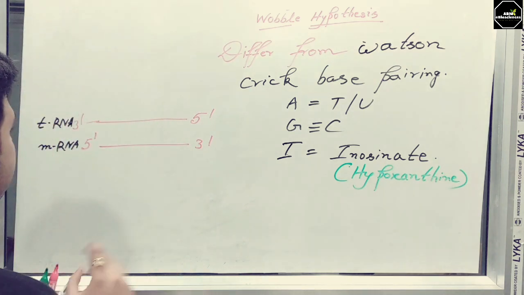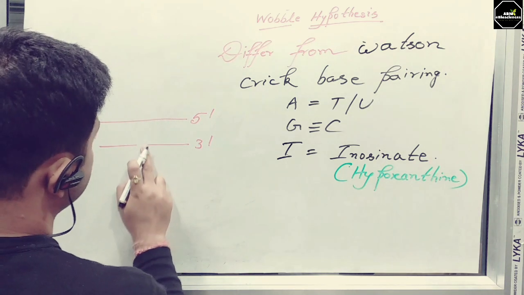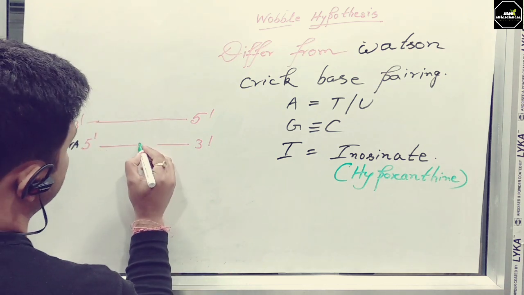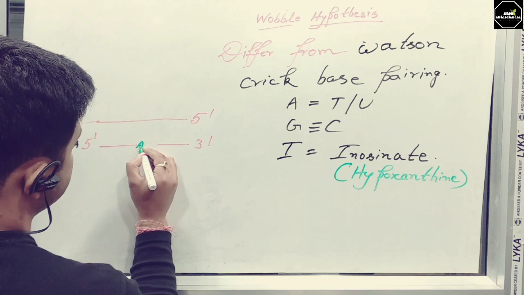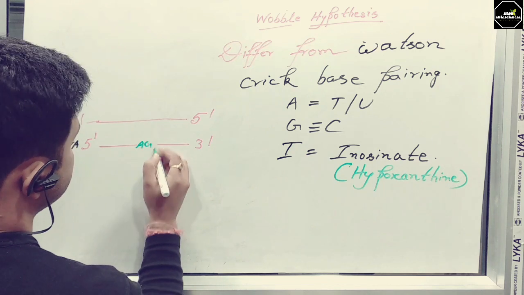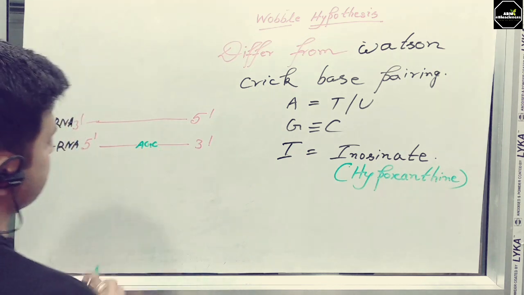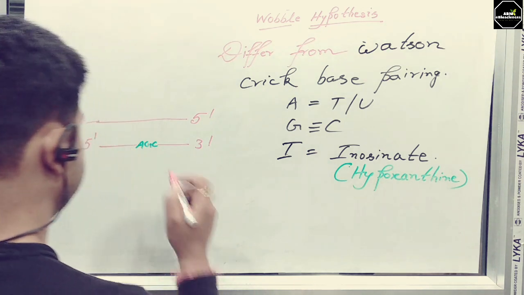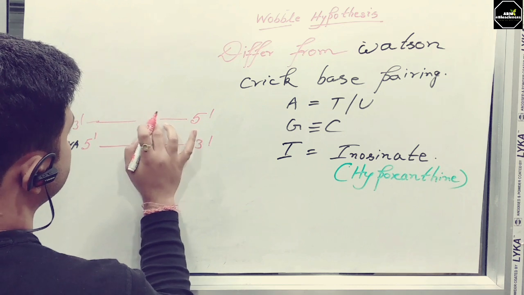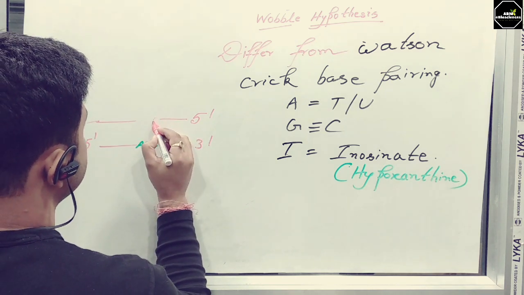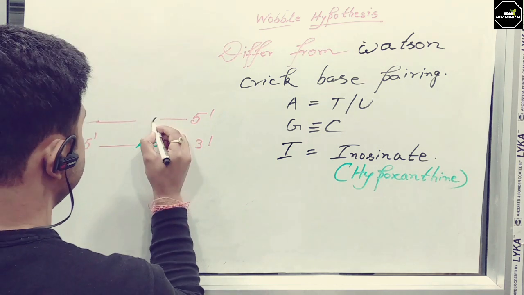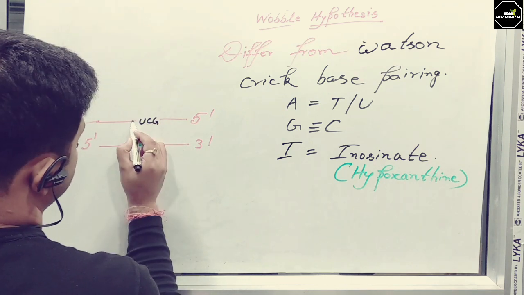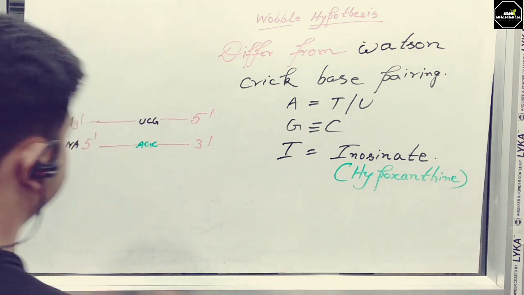You know that the anticodon is present in the tRNA. Here I'm going to introduce one pair: AGC, suppose it is present in the mRNA, so it is a codon. Against this there will be an anticodon, that is GCU, as it is RNA.